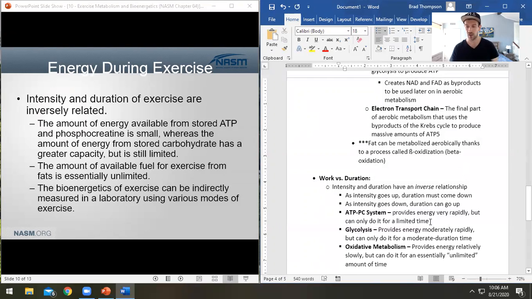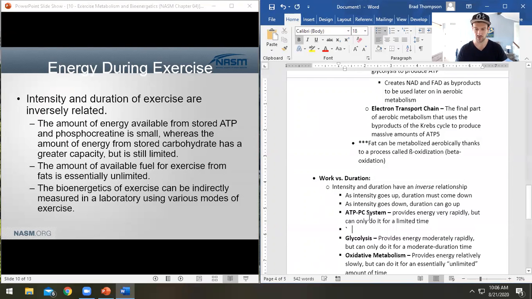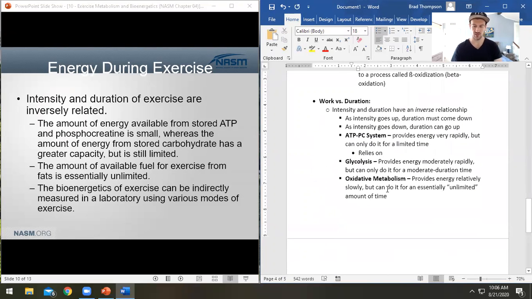And this, we'll fill this in a little bit, relies on creatine or phosphocreatine for energy, for ATP production.